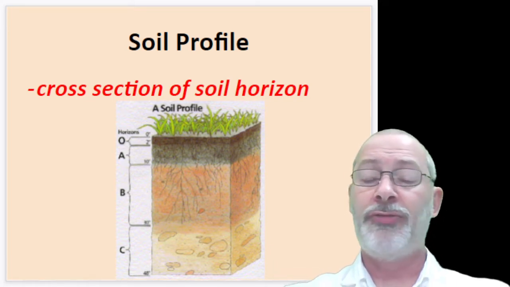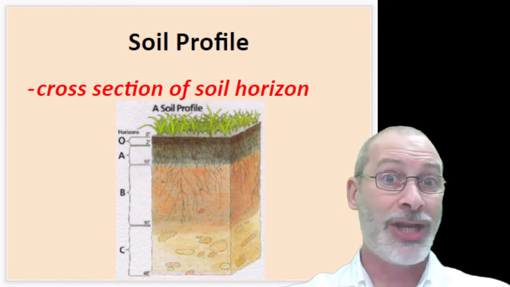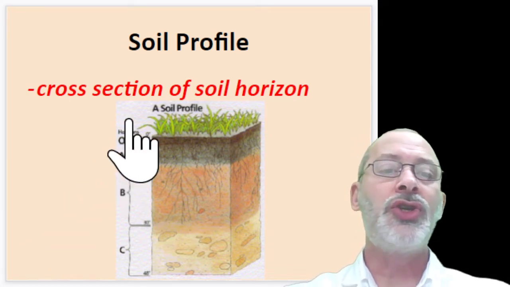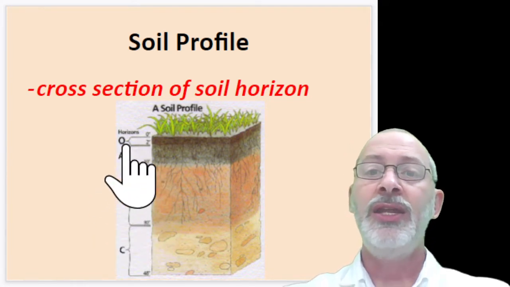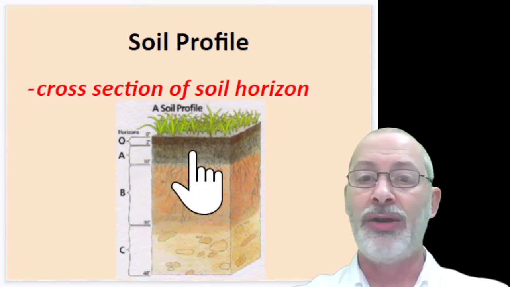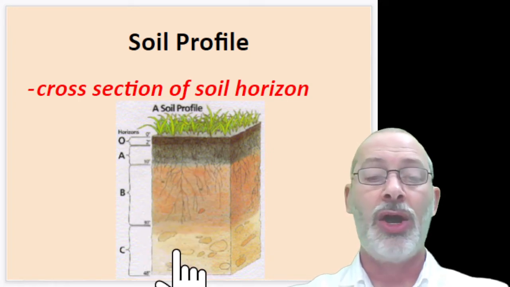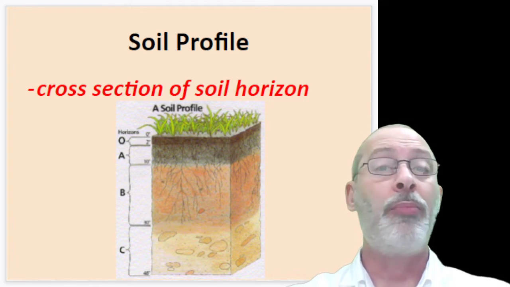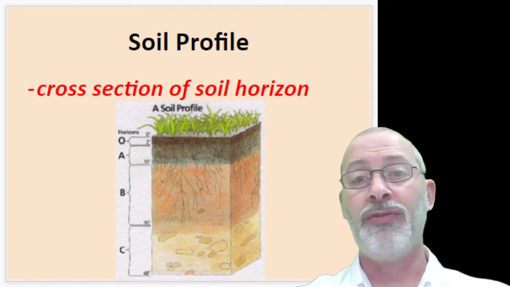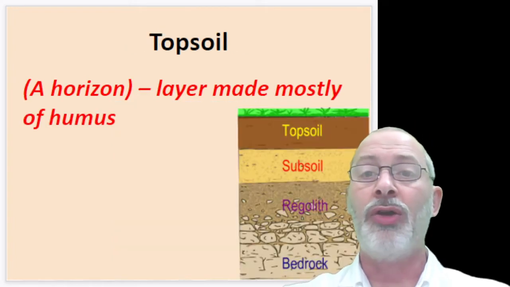So from that previous picture of an actual soil horizon, here's a cross section of that soil horizon with labels. And you can see the O horizon, the A horizon, the B and the C horizon. This is a pretty accurate soil profile or a cross section of the previous soil horizon.